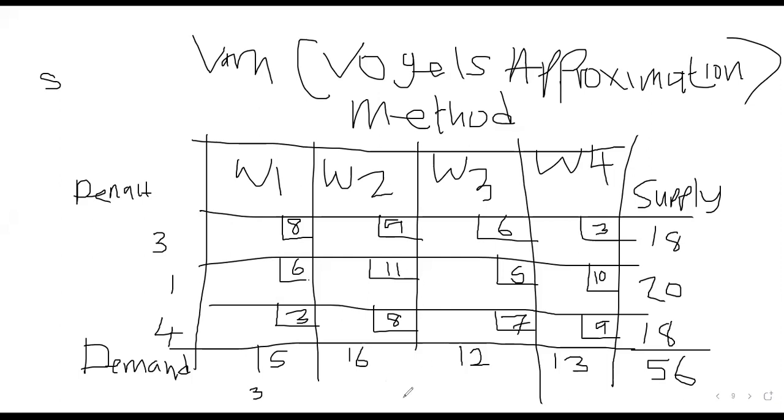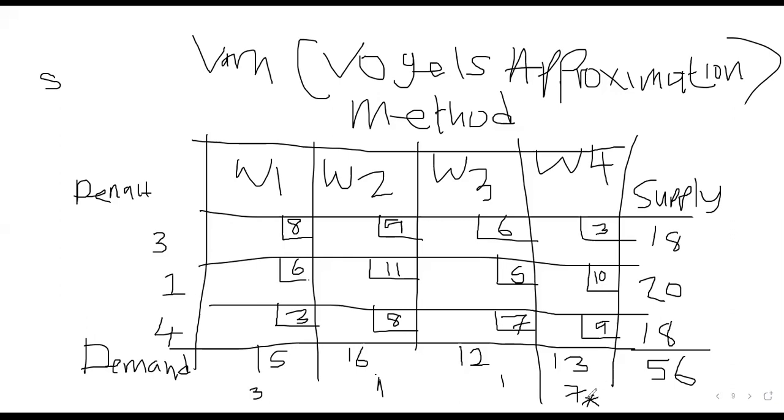Then the penalty will be 1 as well. The penalty will be actually 7. So our highest penalty from all penalties is 7. So this is where we need to start. The allocation here will depend on the highest penalty.